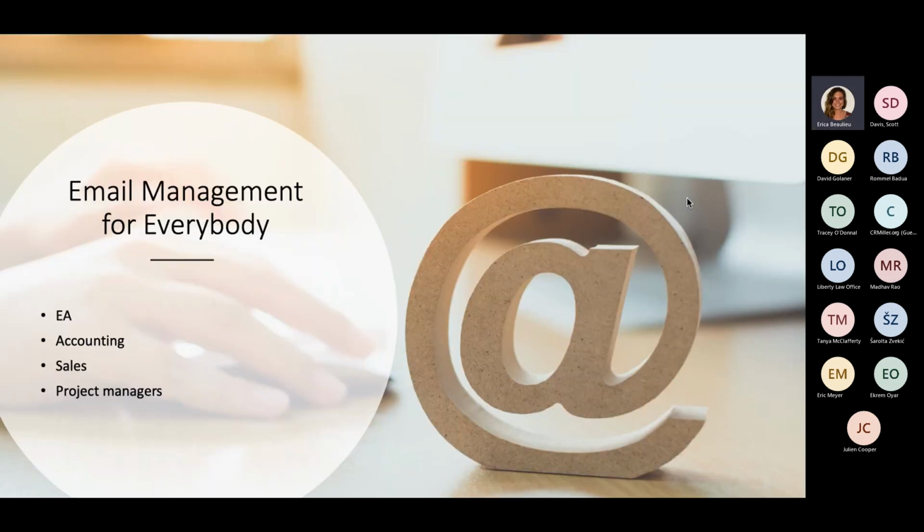As I mentioned at the start of this webinar, we have a lot of people joining us today with all different backgrounds and all sorts of different roles. That definitely stands true for people that I talk to every single day. I'm working with executive assistants, people in accounting, sales professionals, project managers. Those people can come from construction companies, tech companies, real estate, you name it.